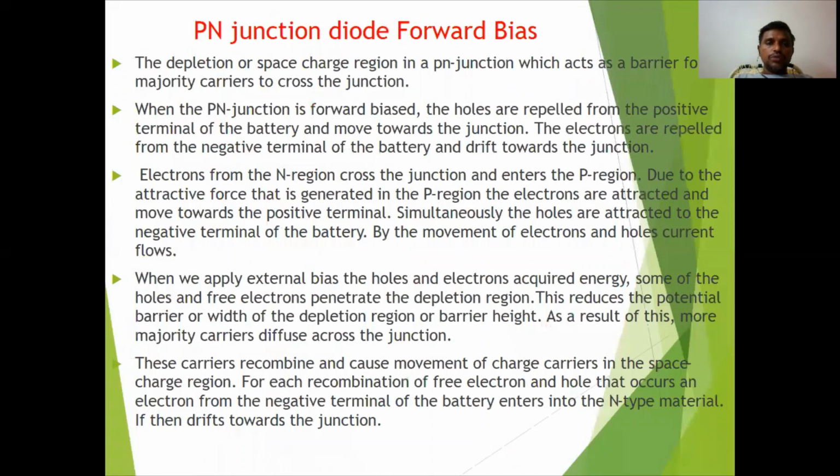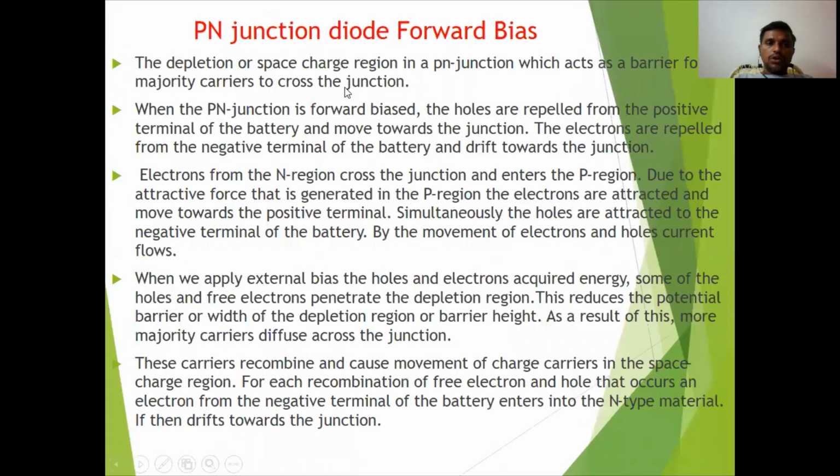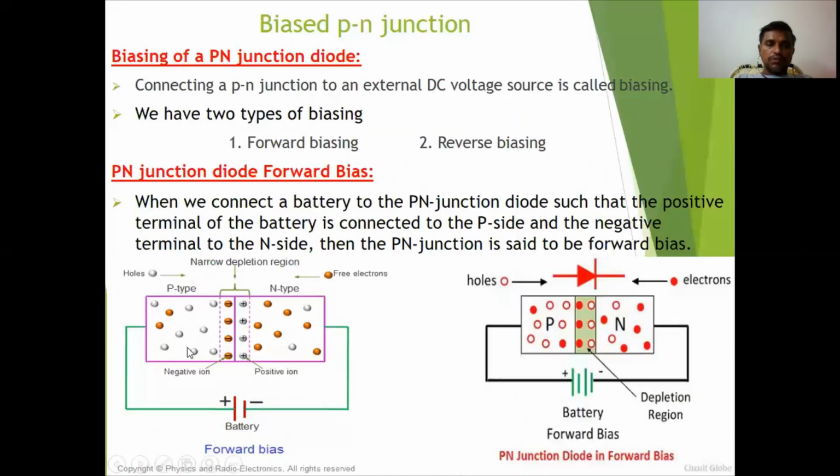Okay, so here I have the complete operation of the depletion or space charge region in a p-n junction, which acts as a barrier for majority carriers to cross the junction. That means the majority carriers here are in the p-type and n-type. Initially, without applying any external bias, the depletion region offers more resistance.